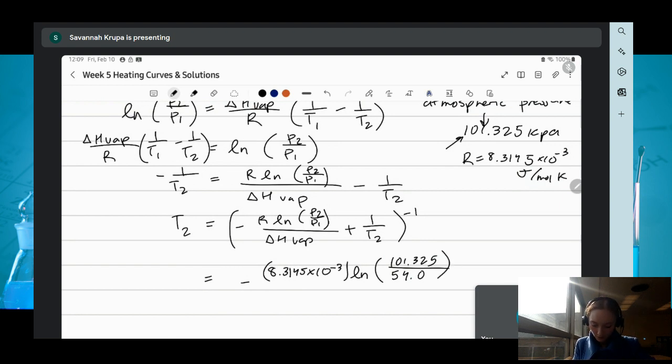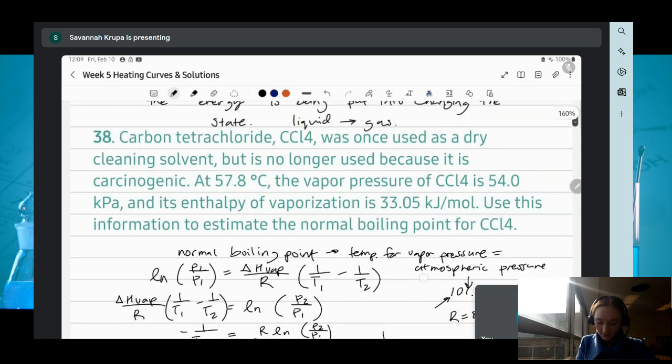And then divide this whole thing by the enthalpy value, which is going to be 33.05. And then the T1 is going to be 330.95. The reason why it's that value is because it gave us 57.8, and then we add 273 to it to get it into Kelvin.